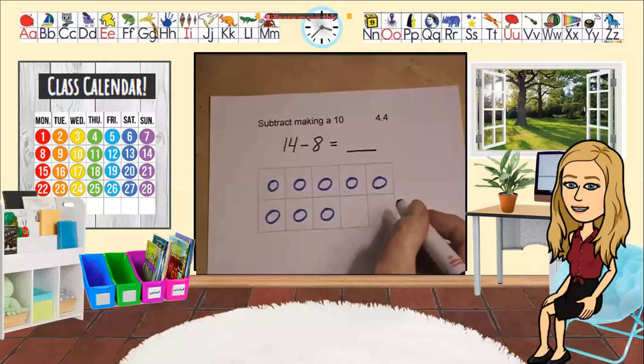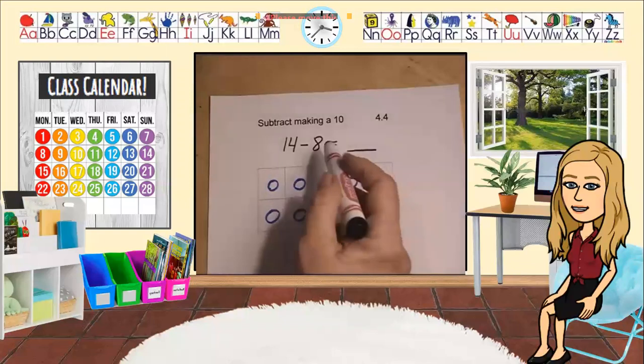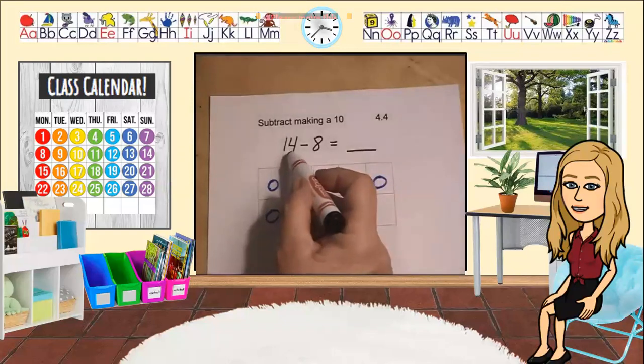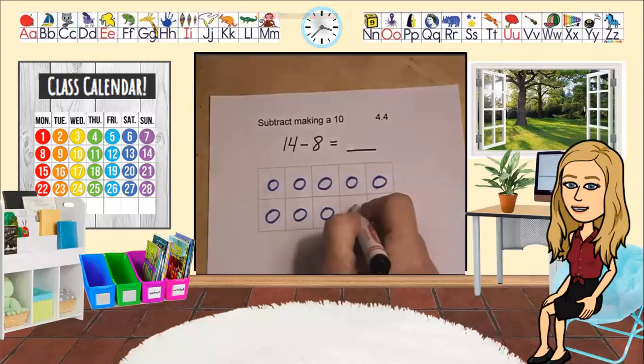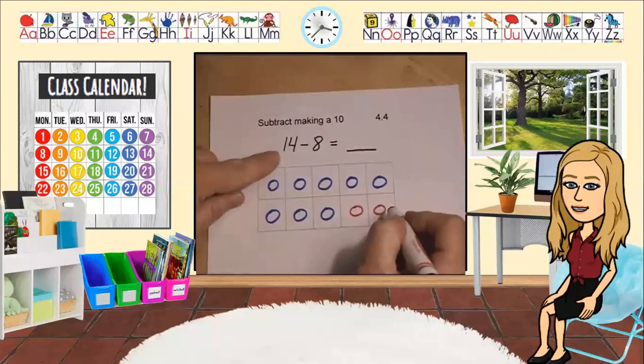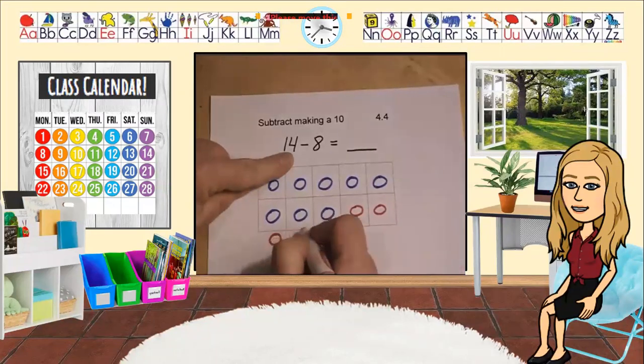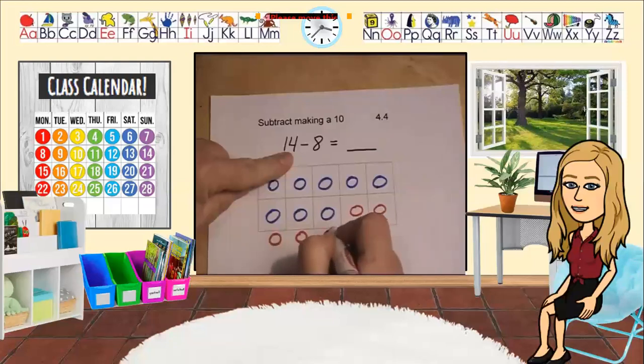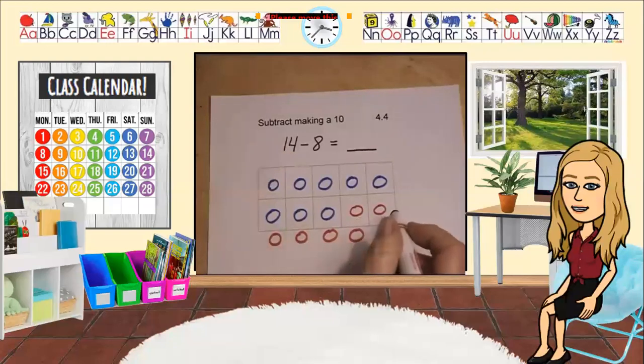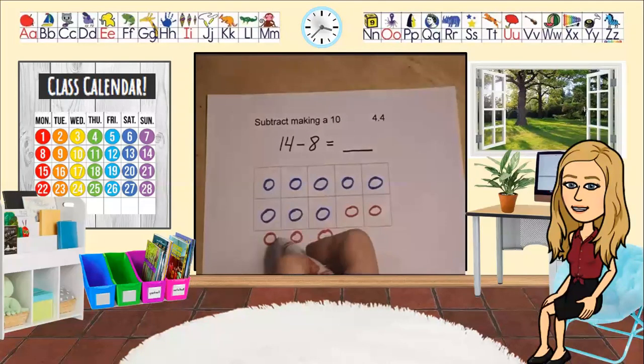Now what we're going to do, once we have our 8 dots, is we're first going to add 2 more dots to the tens frame. That gets us to the 10. And then we're going to add 4 more dots underneath the tens frame to get us up to 14. So now we have a total of 10 in the tens frame and 4 is 14.